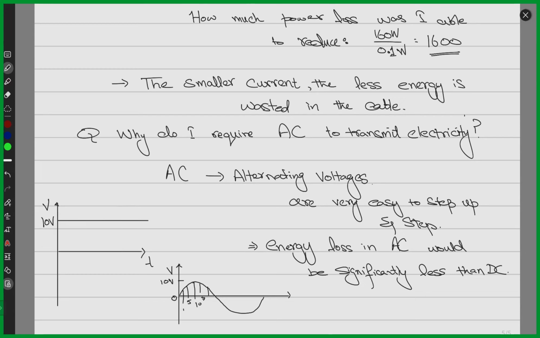So when I compute the energy loss, I'd be just putting a constant value of 10 throughout my calculations, while in this case, at some instant of time I would have some value, at another instant some other value. These values would be less than or equal to the peak voltage, which is 10 volts in this case, right?